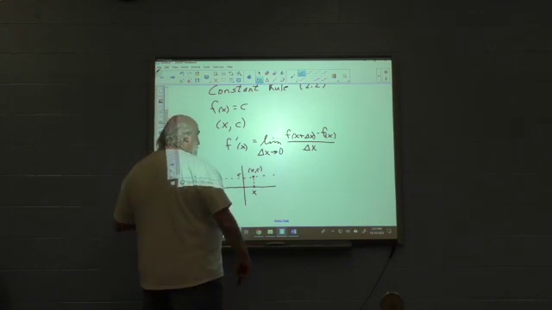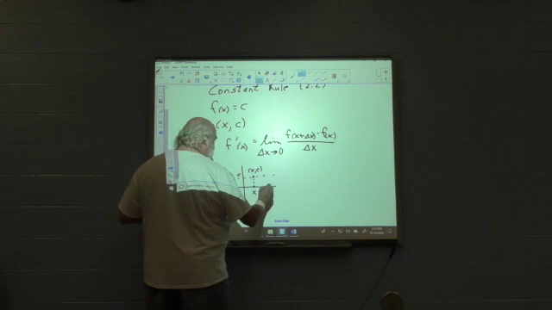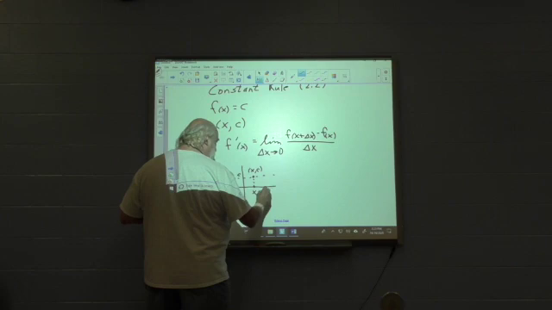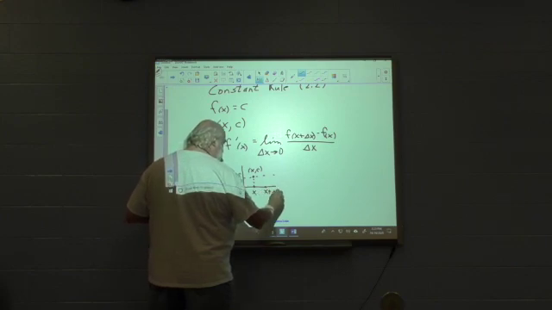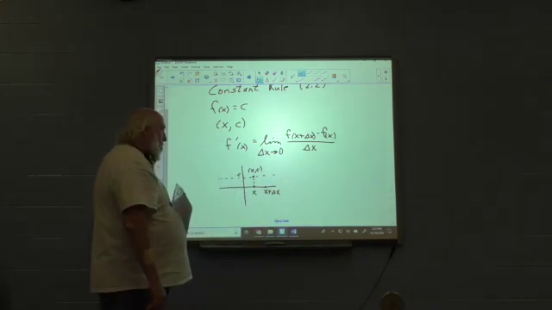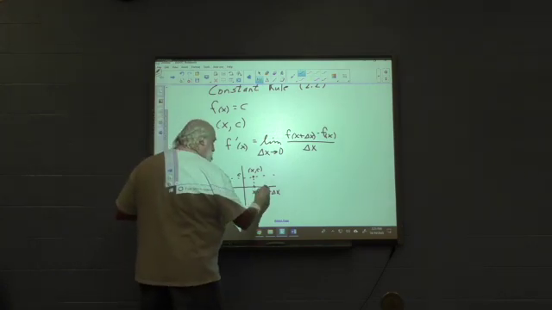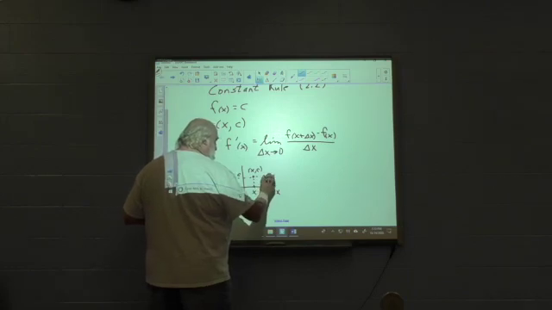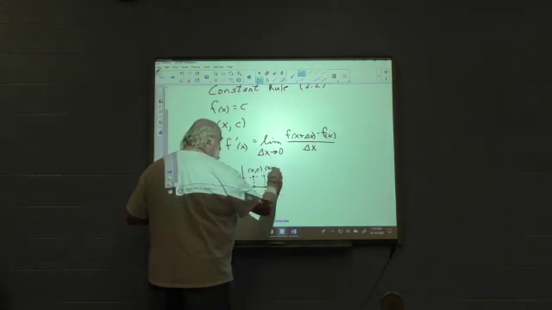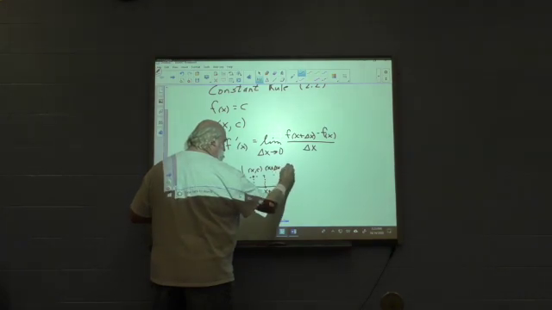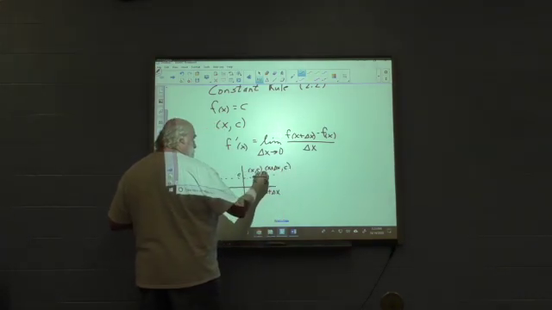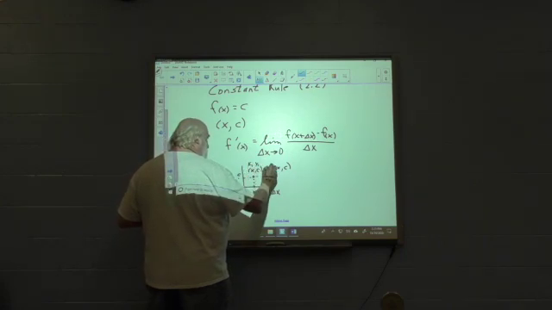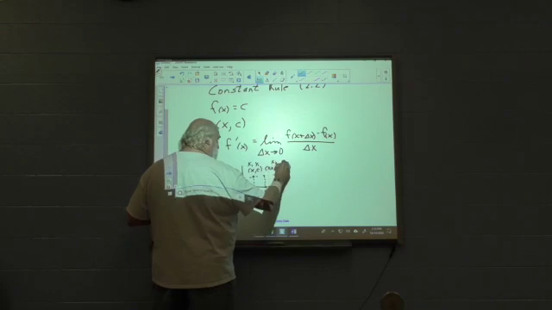Let's also say that this point right here for x is x plus delta x, and the value of that, as that hits that line right there, is again c. Only now the point is (x plus delta x, c). So this is your x1, this is your y1, this is your x2, and this is your y2.